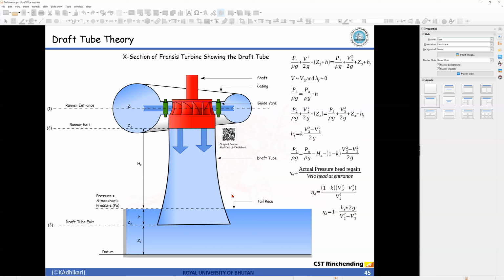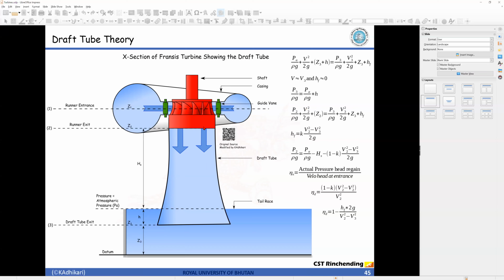Further, one more thing we need to understand is that pressure head at this point is more than at this point. Because if it was less, what would happen is water will simply go up in the opposite direction. You know that water flows from higher pressure to lower pressure. Pressure here is less than atmospheric pressure. That is what we have discussed here, right?